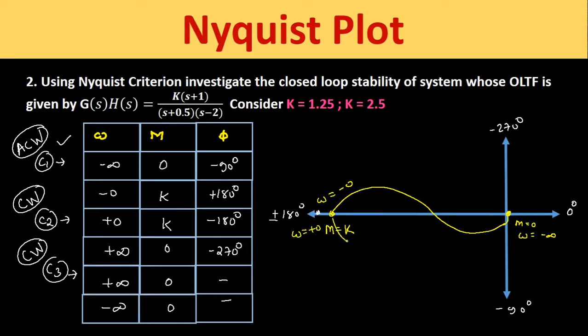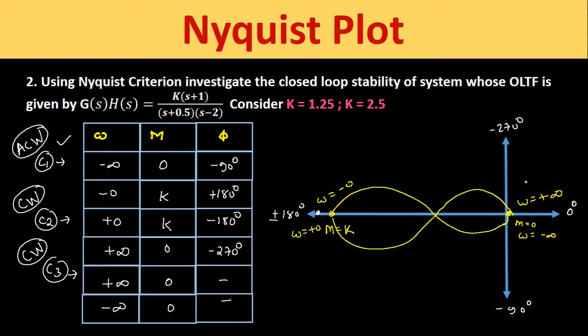So we will move like this in the downward direction, and what is our end point of C2 section? It is at omega is equal to plus infinity and at magnitude is equal to 0. But here the phase angle is minus 270 degree. That means we have to move towards this minus 270 degree line and end up at magnitude is equal to 0 like this. So at this point magnitude is equal to 0 and omega is equal to plus infinity.